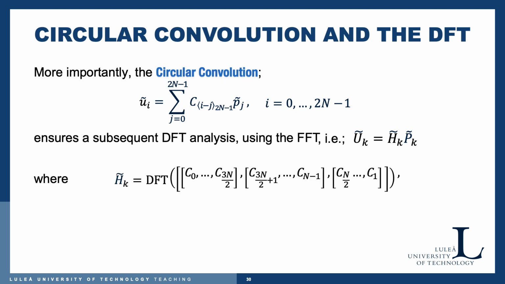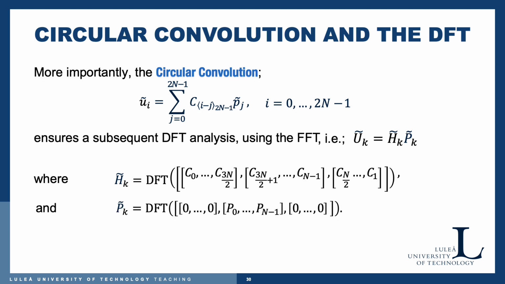And then we have seen this before, and we can formulate the transfer function as the DFT of the extended kernel, and we can divide the extended kernel into 3 bits like this. So we have an n half long bit in the beginning, an n long bit in the middle, and an n half long bit in the end.